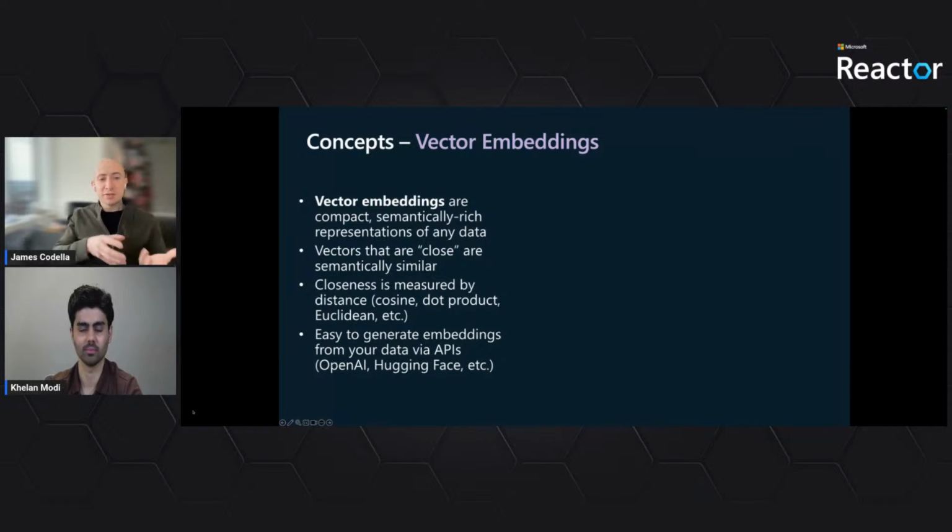You create this vector representation of your data, and this allows you to search for other embeddings or other products that are semantically similar. The semantic part is determined by the model that creates the embeddings, and the similarity or closeness is measured by some distance function like cosine similarity.